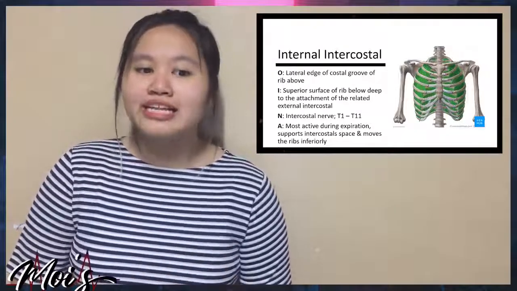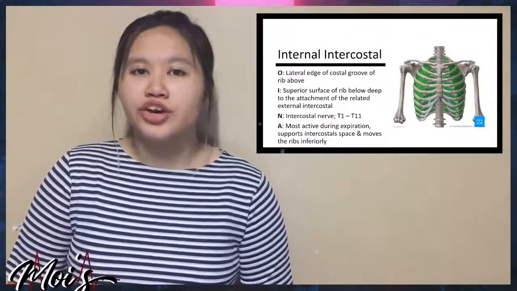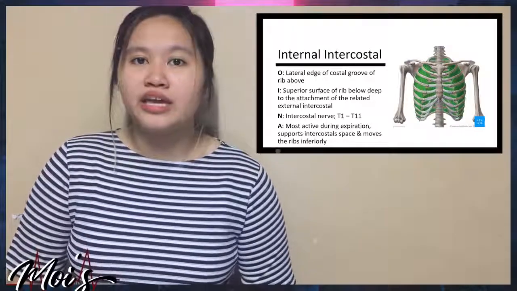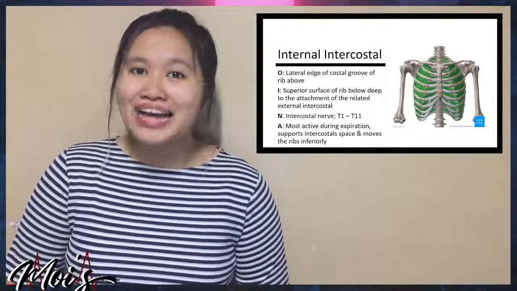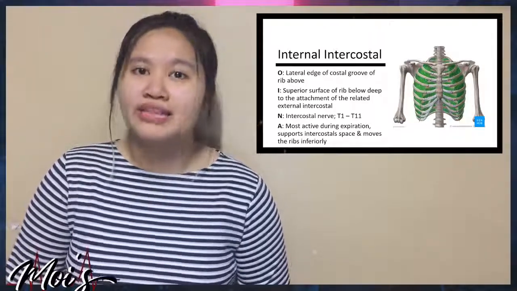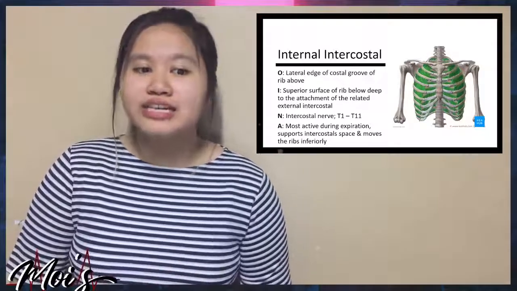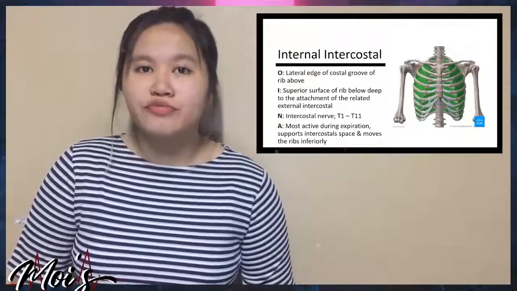The internal is most active during expiration. It supports the intercostal space and moves the ribs inferiorly. So take note that the external intercostal is most active during inspiration and moves the ribs superiorly, while the internal is most active during expiration and moves the ribs inferiorly.